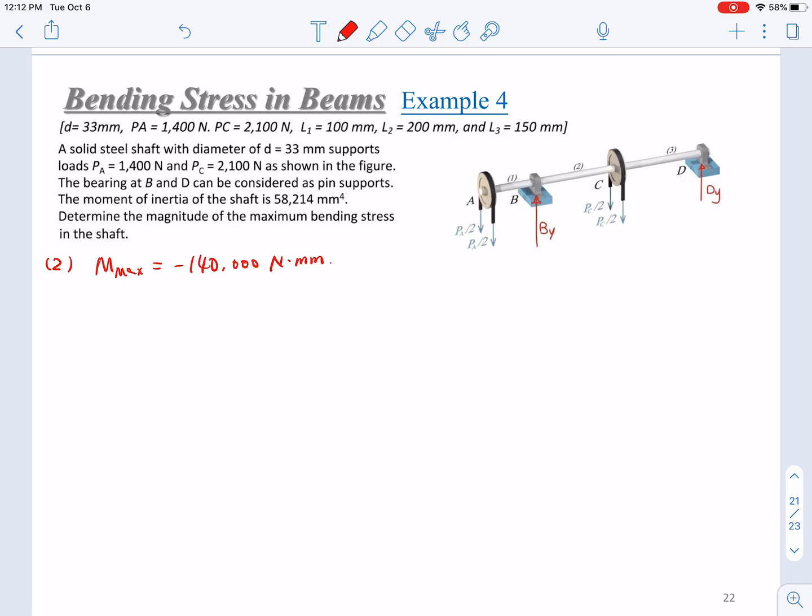Okay, we also need to find out where the centroid is and the moment of inertia. Right, so the cross section is just a circle, it's just a shaft. So the C will be half D, 33 over 2, 16.5 millimeter, and the I will be pi over 64 D to the fourth. That will be 58,214 millimeter to the fourth.